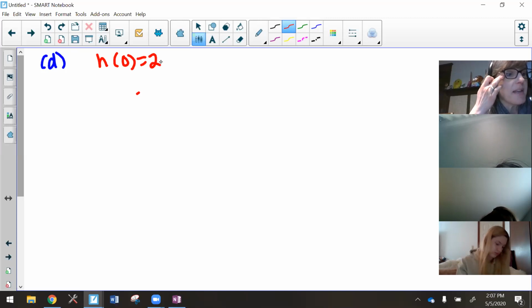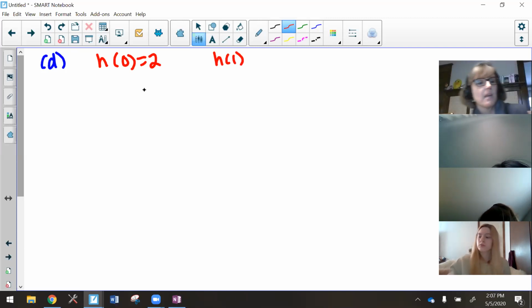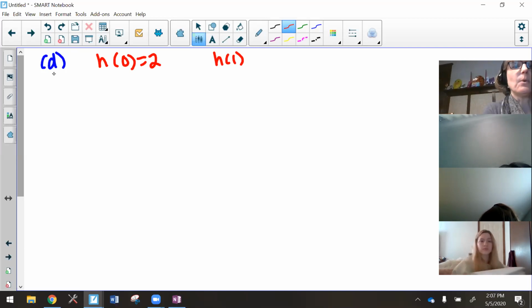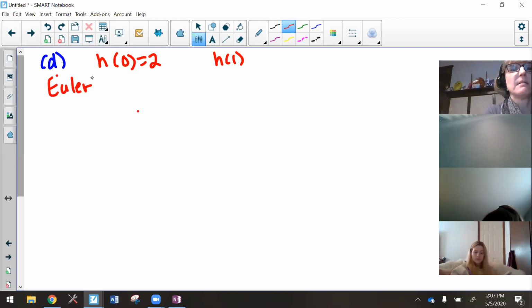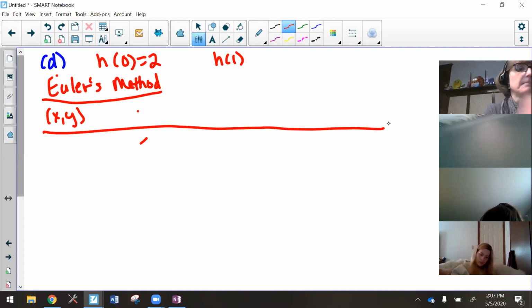Using Euler's method, starting at x equals 0 with 2 steps of equal size, find h of 1. Okay, so when we did Euler's method, what we did is we started with a point, and our point here is 0, 2, because that's the point that we're given.